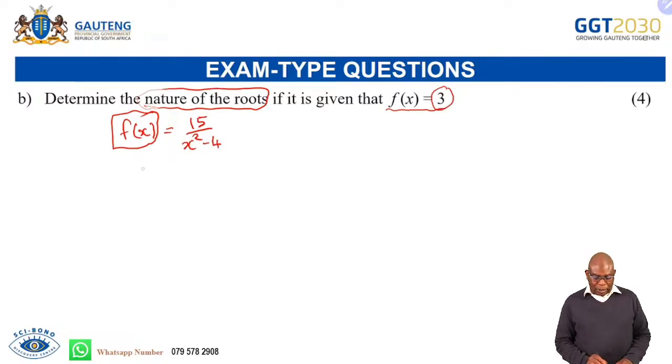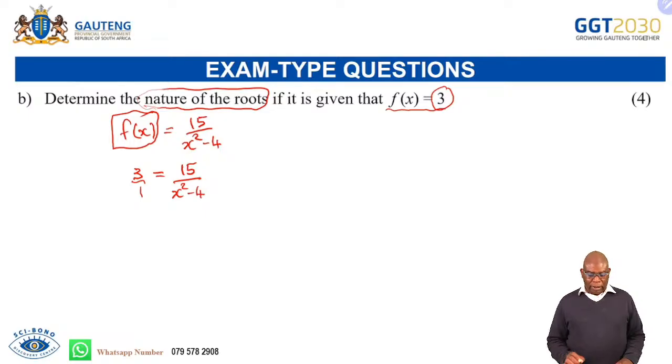So which means that 3 will be equal to 15 over x squared minus 4. Then I can have an equation here. I can cross multiply. This times that will give me 3x squared. 3 times minus 4 will give me a negative 12. And 1 times 15 will give me a 15.